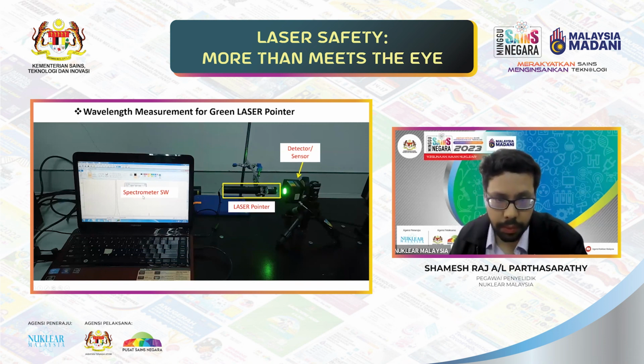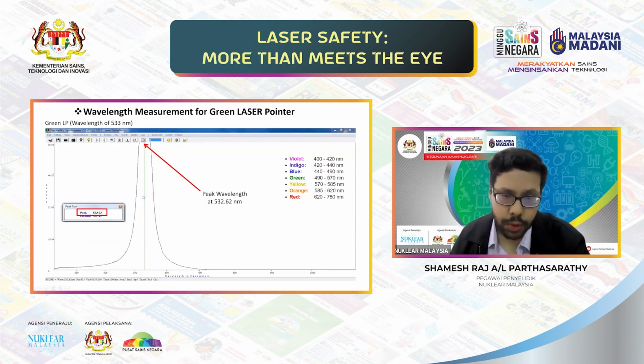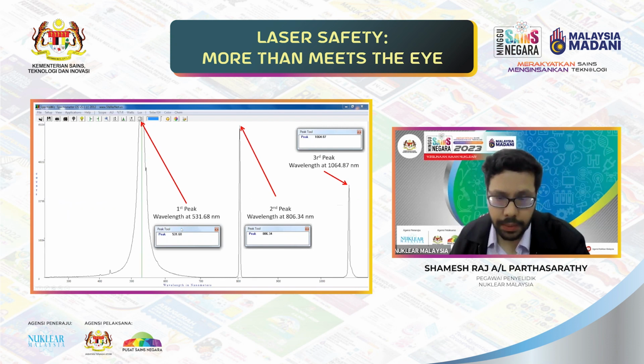Once we go to this particular software, it records the peak wavelength. For this type of laser pointer, the peak wavelength was detected at 532.62 nanometers, so roughly 533 nanometers. We did this for each and every laser system, and in some cases we detected three types of wavelength.